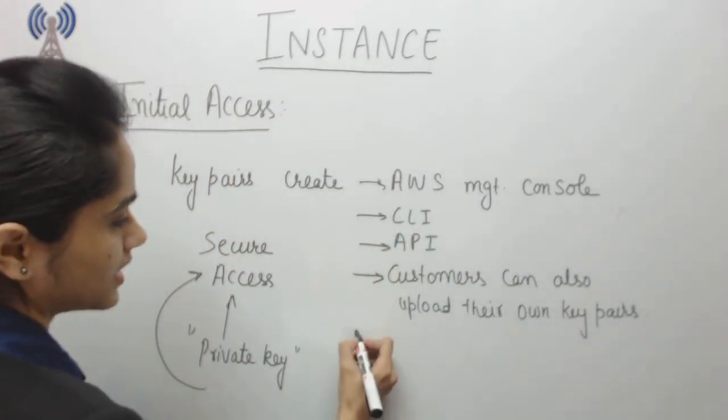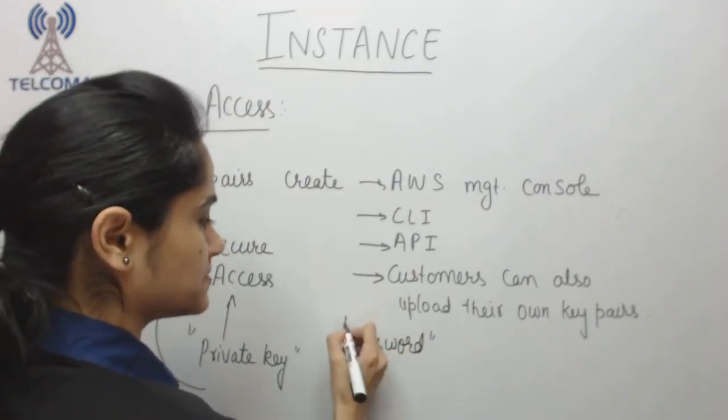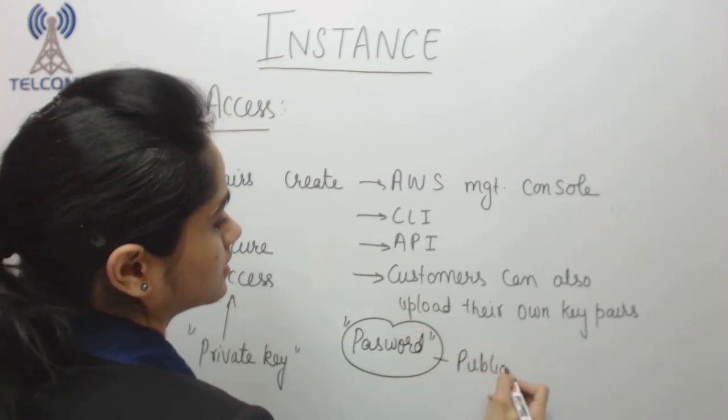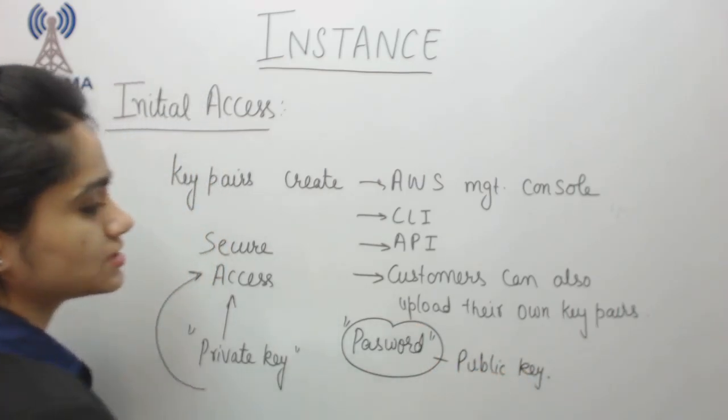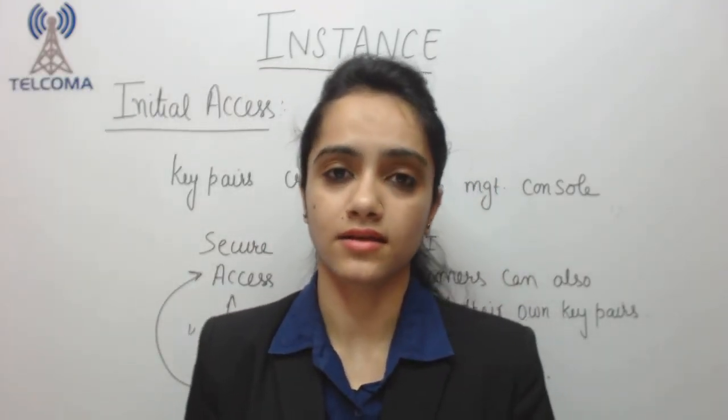So it generates a password, then it encrypts this password using our public key. That means for initial access, we have these things provided by AWS.